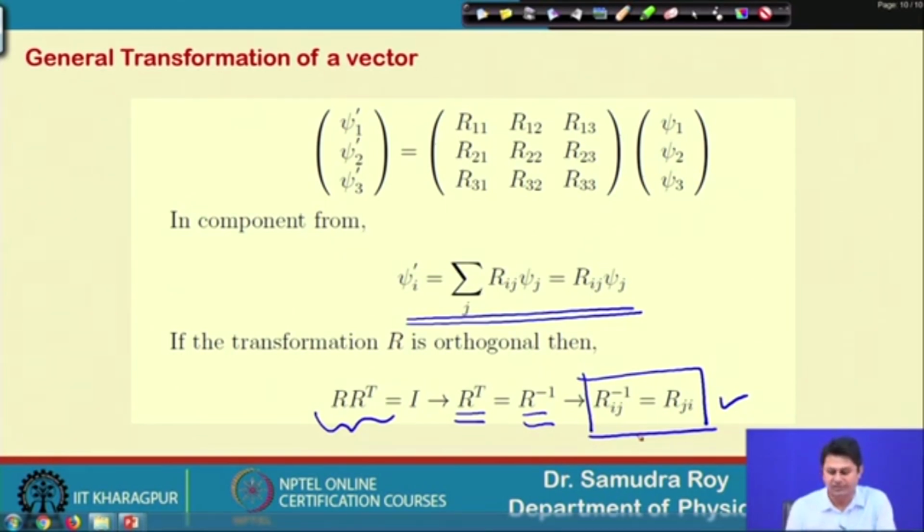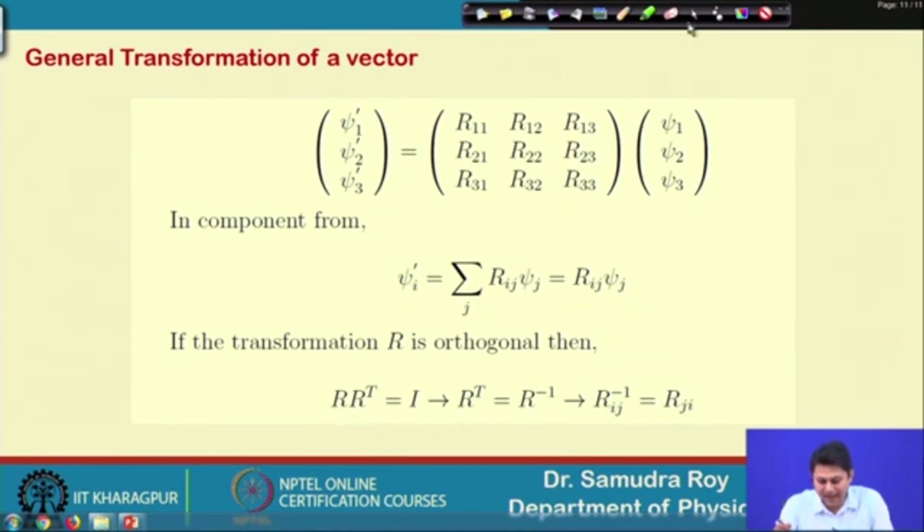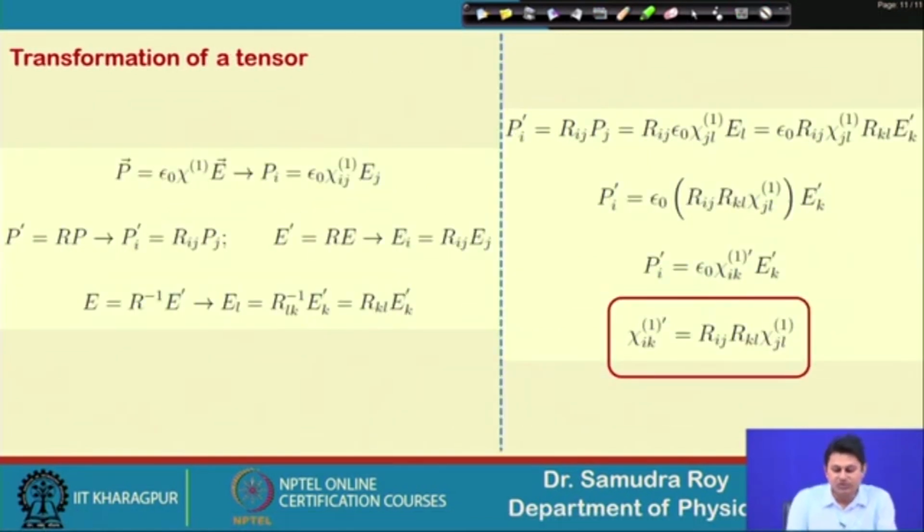Once we have the information of this R matrix, next we try to apply it over a tensor. Before doing that, let us apply this to our old equation, polarization and electric field, which will be easier for you to understand.